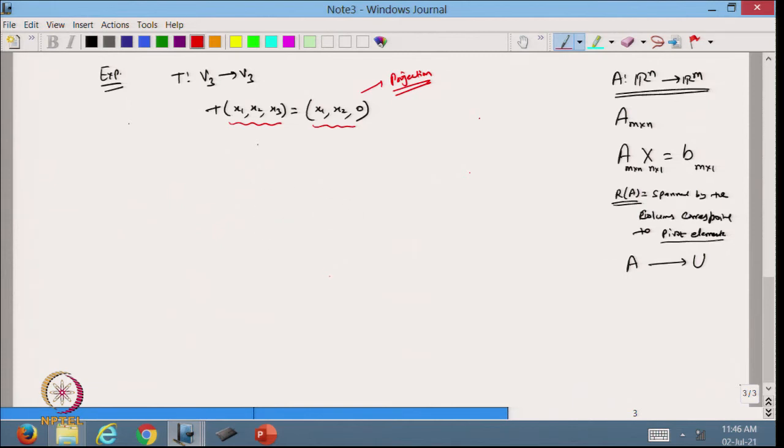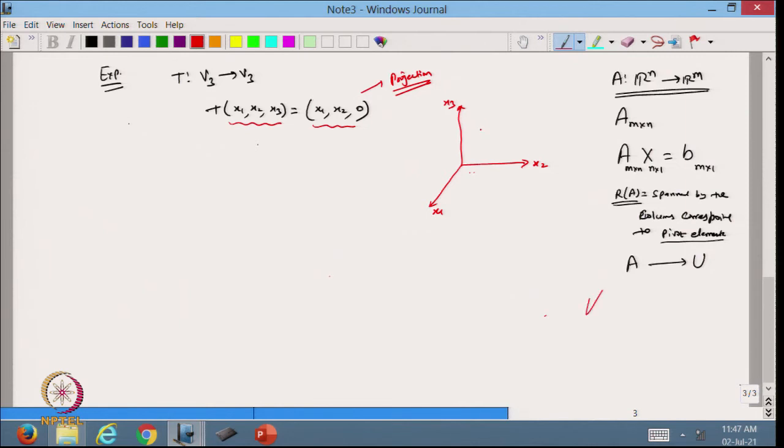Suppose I take the V3 space, and call the axes x1, x2 and x3. So, this is my xyz plane, like a 3D xyz space.